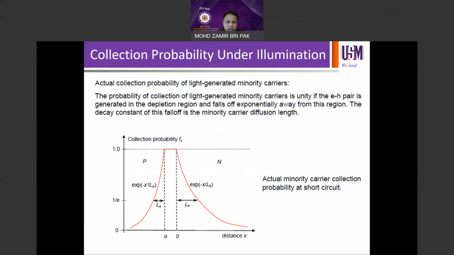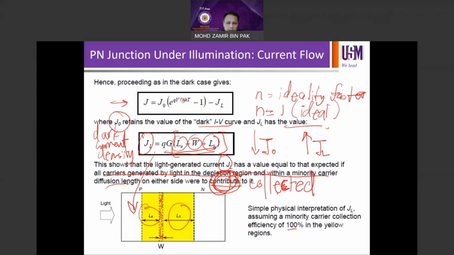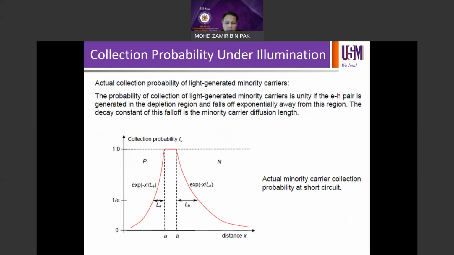But in the actual case, it will not be the case even in the depletion region. But for now, let's just assume that depletion region A to B still has the perfect collection probability. Here 1 means 100% carrier collection, yeah?